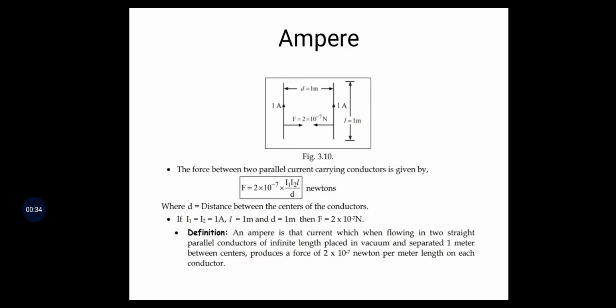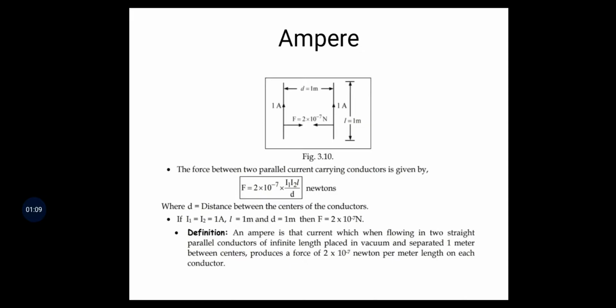Ampere is the current which, when flowing in two straight parallel conductors of infinite length placed in vacuum and separated 1 meter between centers, produces a force of 2 into 10 power minus 7 newtons per meter length on each conductor.